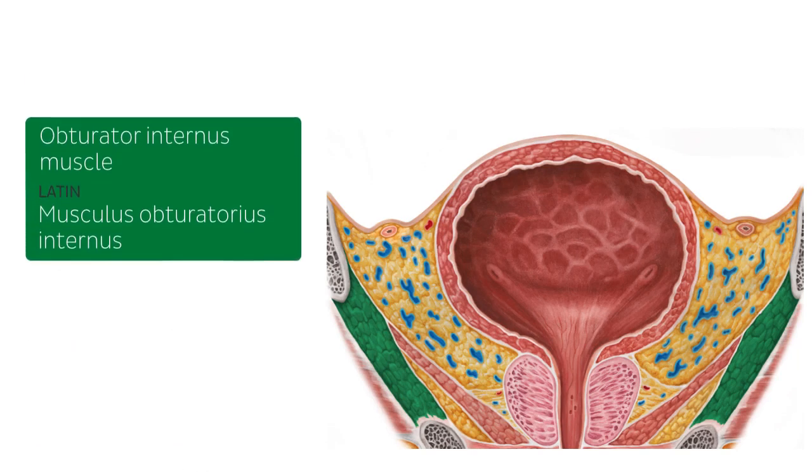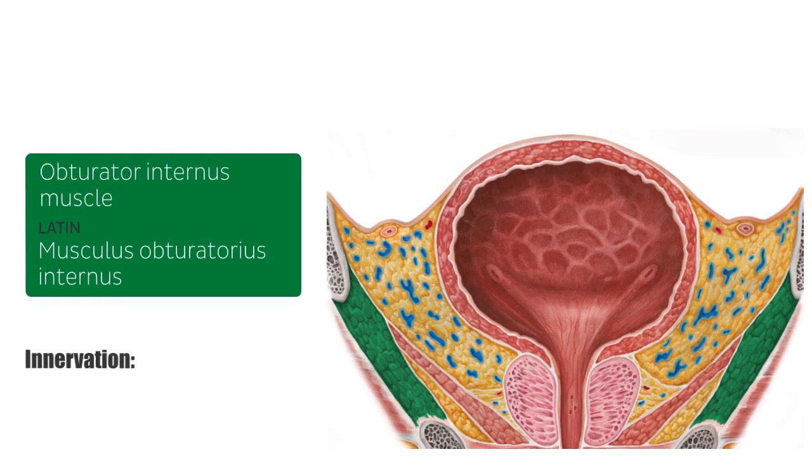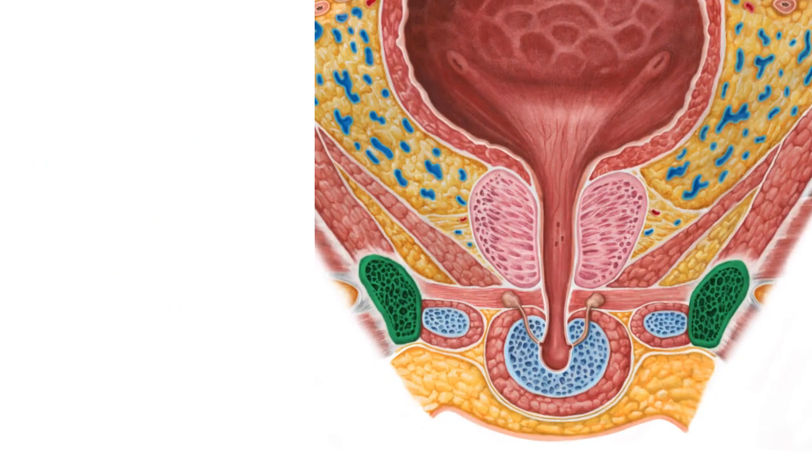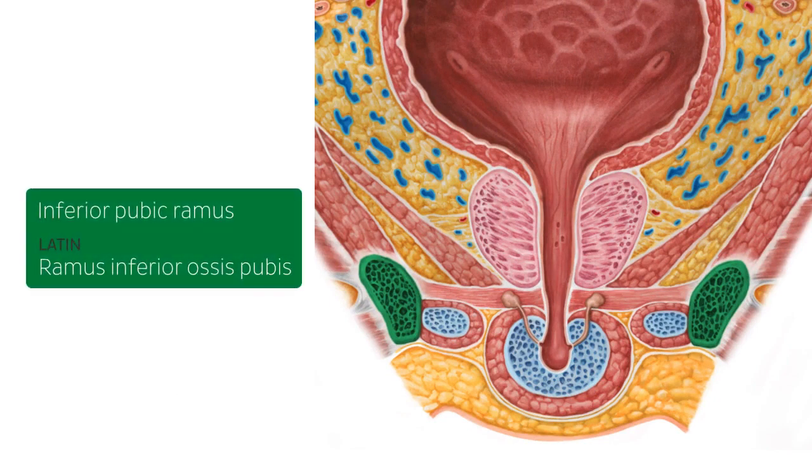Now, as for the innervation, this muscle is going to be innervated by the sacral plexus, L5 to S1. Still on this image, I would like to highlight these structures to show you what we're looking at. This is the inferior pubic ramus, which is a thin and flat part of the pubis, or the pubic bone, that merges with the inferior ramus of the ischium.